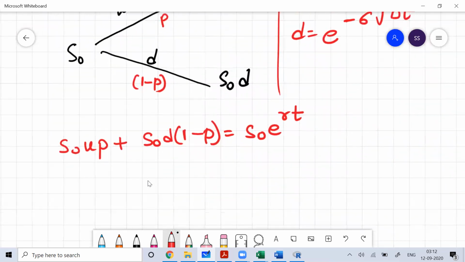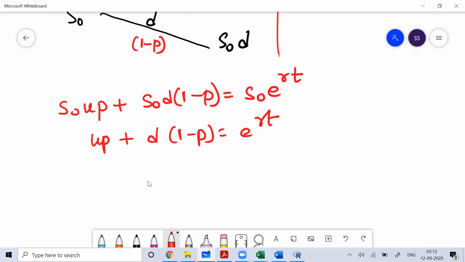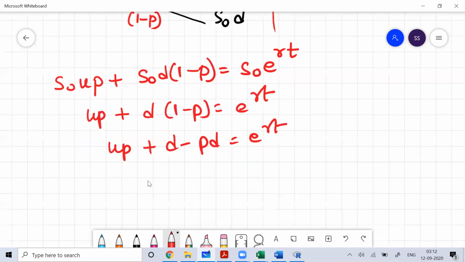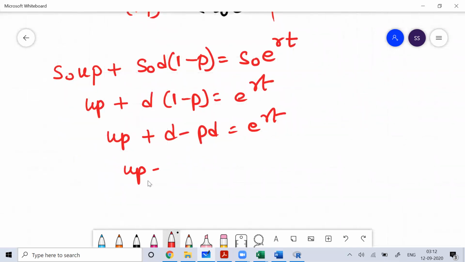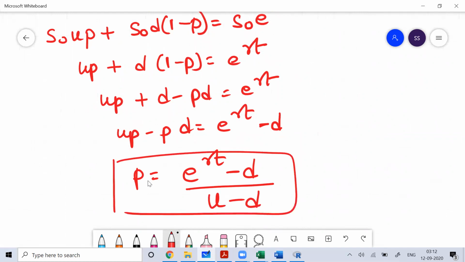If I remove S naught here, I can write U into P plus D into 1 minus P is equal to e to the power RT. So I can write P into U minus D is e to the power RT minus D. So I can say P value is e to the power RT minus D divided by U minus D.